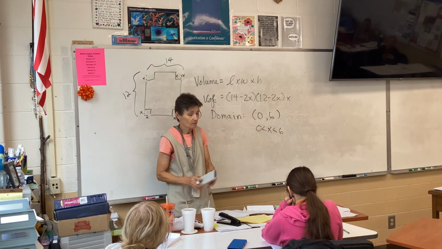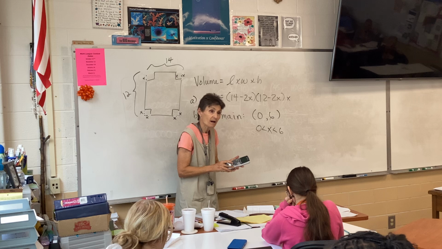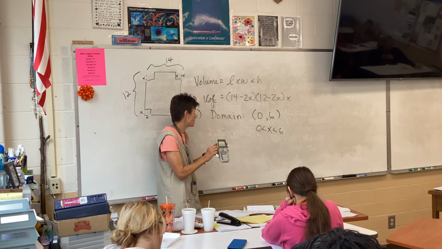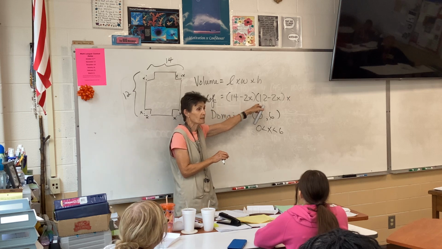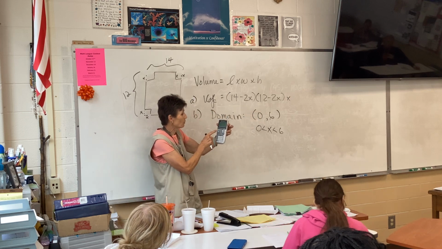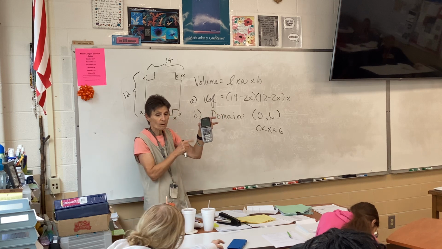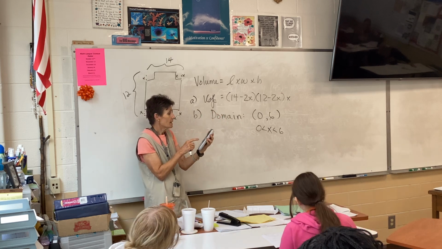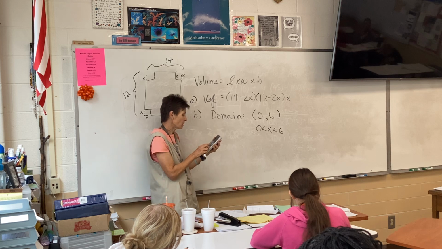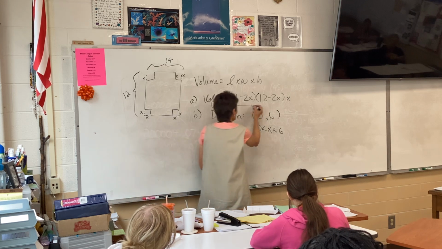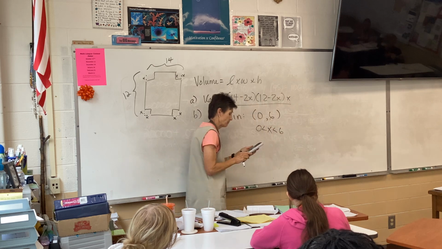Now I'm going to go to my calculator, because now it says find the maximum volume. So remember, we put our equation in, this is the equation we're putting in, and we're putting it in y equals. So we press y equals, and we type in the equation exactly like I wrote it.